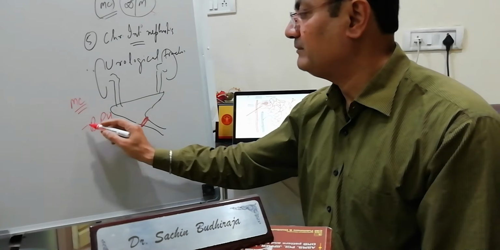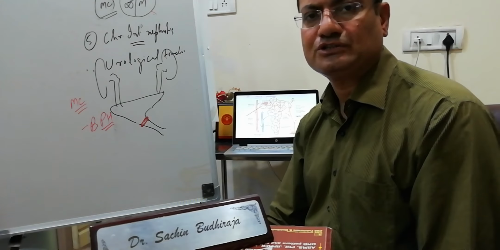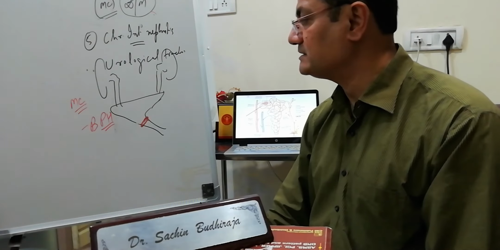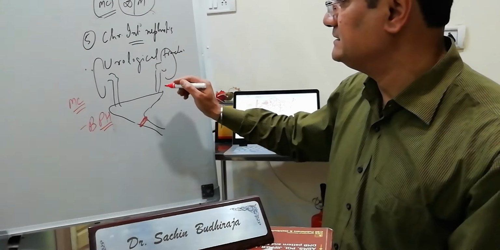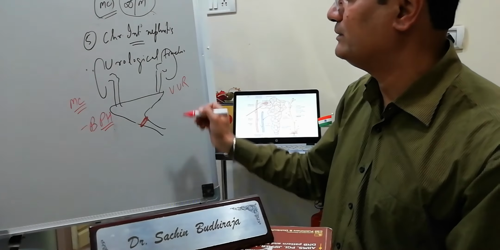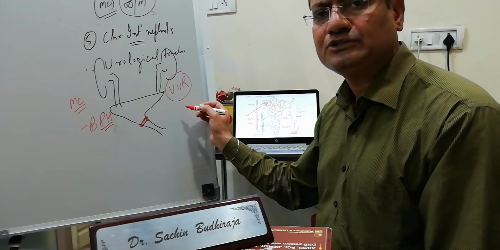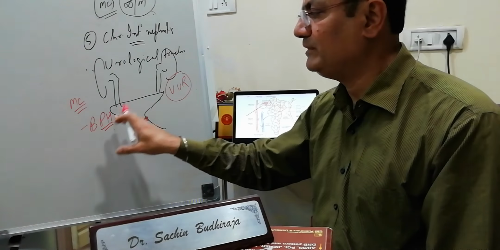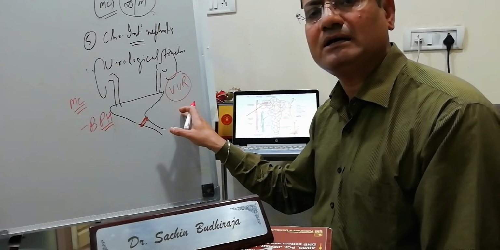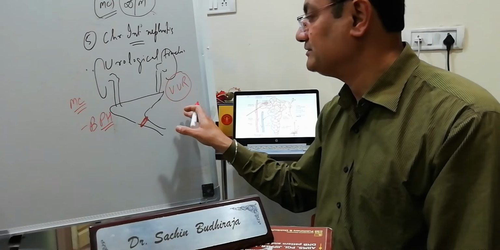Then, besides benign prostatic hyperplasia, the commonest obstructive uropathy, we have other obstructions also, in the form of stone, stricture, and other causes. Then another urological disease you must have heard of is called VUR, vesicoureteral reflux, which is a congenital issue. You can easily remember: BPH is exclusively seen in males because the prostate is there in males only, and VUR, a congenital anomaly, is also seen predominantly in male children.